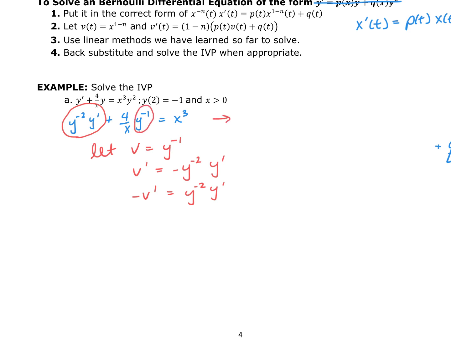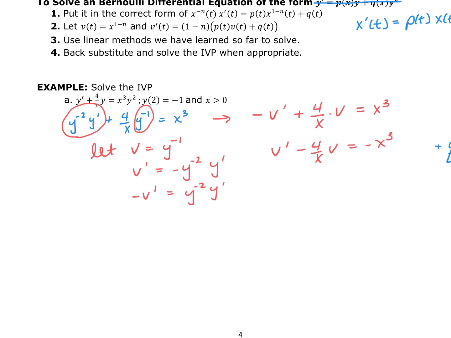So this becomes negative v prime plus 4 over x multiplied by v is equal to x cubed. If I multiply everything by negative 1, I have v prime minus 4 over x times v is equal to negative x cubed, and this is a linear equation.